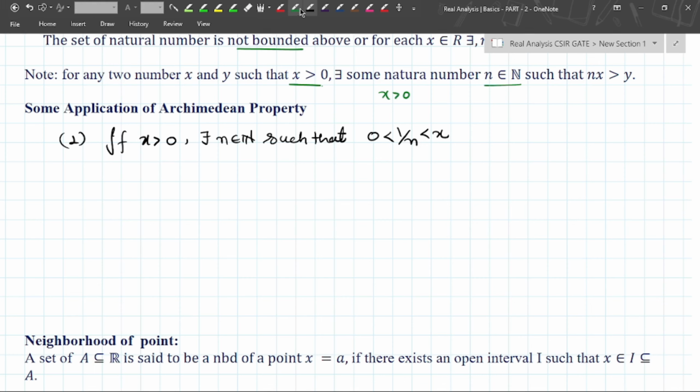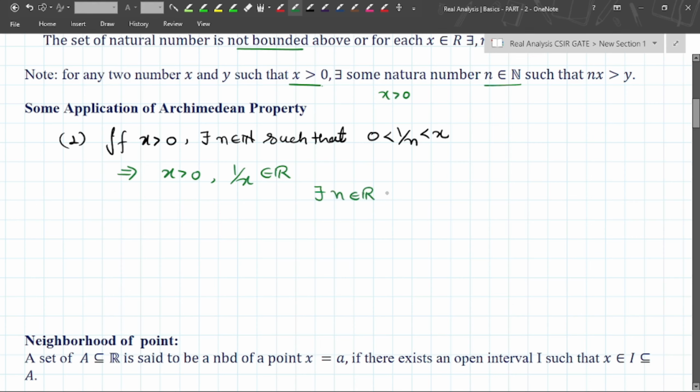It means that whenever you have x greater than 0, 1 by x will belong to R. So in this case, there exists n belonging to the natural numbers, which we have discussed already, such that n is greater than 1 by x. Okay, n is greater than 1 by x. It means 1 by n is less than x.